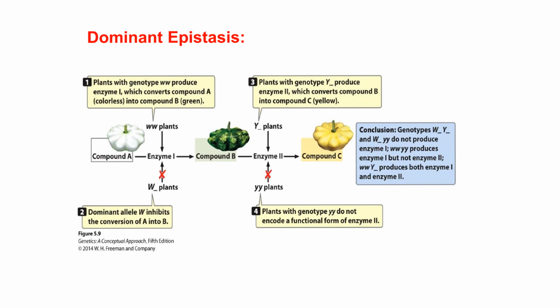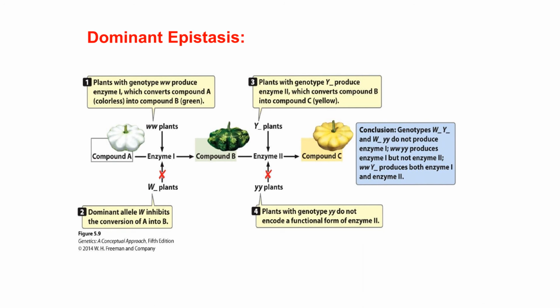In recessive epistasis, the presence of two recessive alleles is necessary in order for the epistatic gene to mask appearance of the hypostatic gene. So that's why it is recessive, because you need two alleles. In dominant epistasis, the presence of one allele is sufficient to suppress or mask appearance of the second gene.